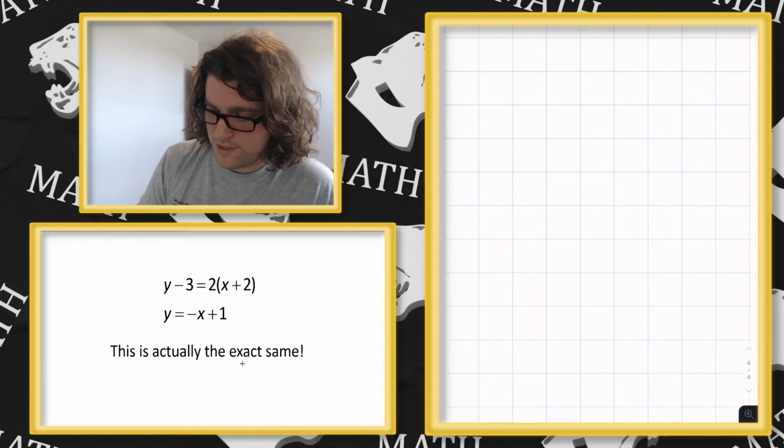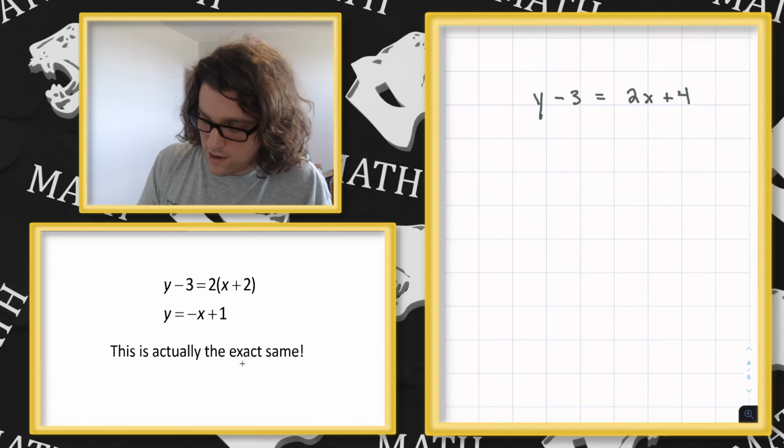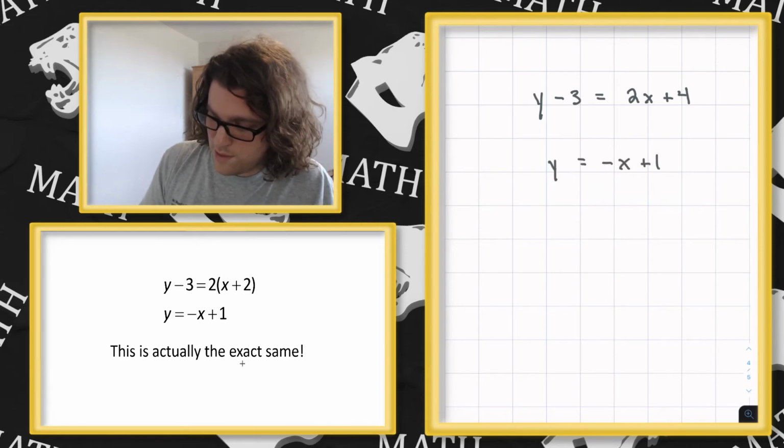However, first of all, this is like a balance. So I'm going to multiply out the right-hand side and make it look like this. And then this one is like this. What is the balance in this case? Well, it's kind of like this equal sign.